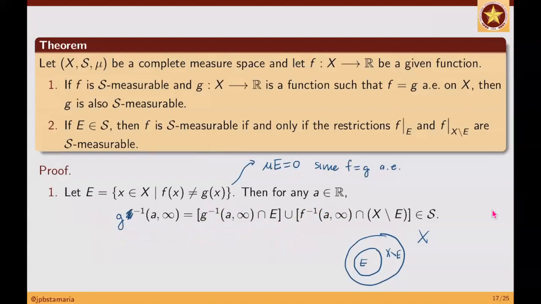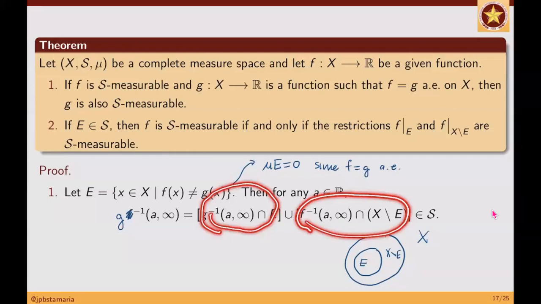Kumbaga, ito yung mga points where g of x is greater than a. Okay. Ito yung mga points where g of x is greater than a pero nasa E. Ito naman yung mga points where g of x is greater than a na wala sa E. Intindihan nyo? Pero doon sa mga points na wala ka sa E, ang g of x kasi parehas lang sa f of x.